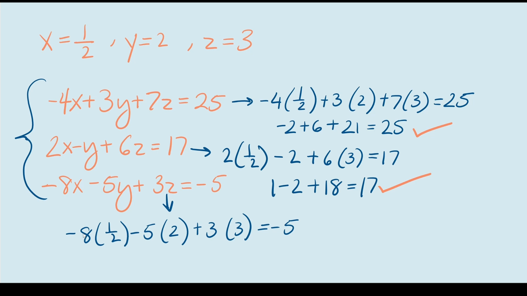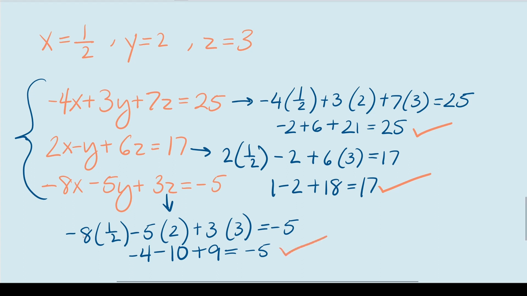Well, negative 8 times 1/2, well, half of 8 is 4, so we have a negative 4, minus 5 times 2, 5 times 2 is 10, so minus 10, plus 3 times 3, 3 times 3 is 9. Now we know negative 4 minus 10 is negative 14, plus 9 is negative 5. So we can see that worked out, which means that x equals 1/2, y equals 2, and z equals 3 is the correct answer to this problem.